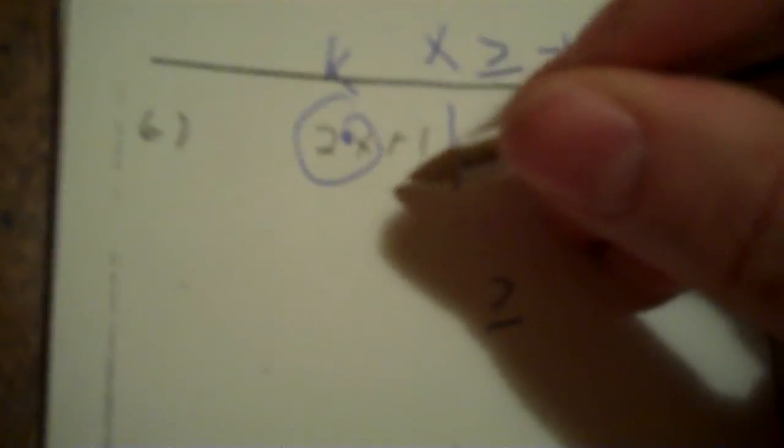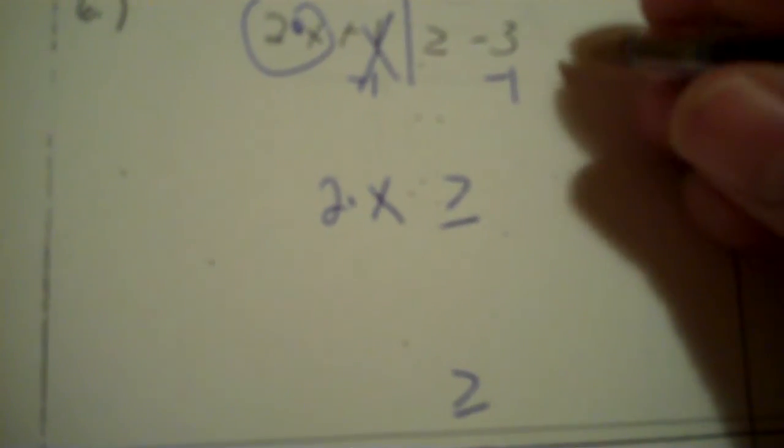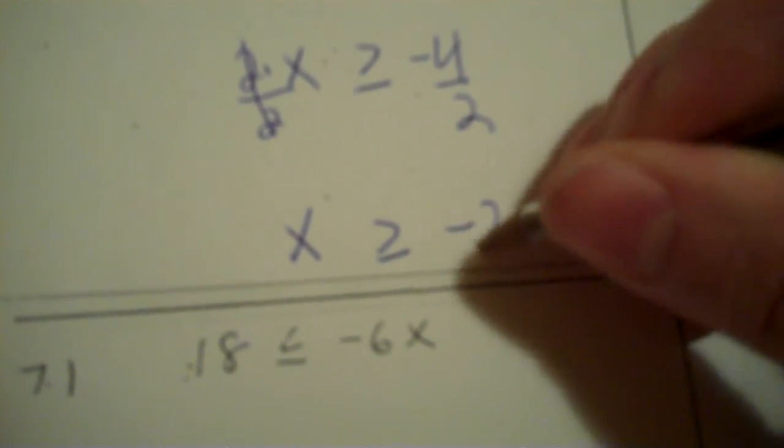So we got plus 1, so we need to minus 1. -3 minus 1, that's going to give you -4. And then divide each side by 2. -4 divided by 2 is -2. Okay. So again, the sign doesn't flip. It's eating the x, so again it goes this way.